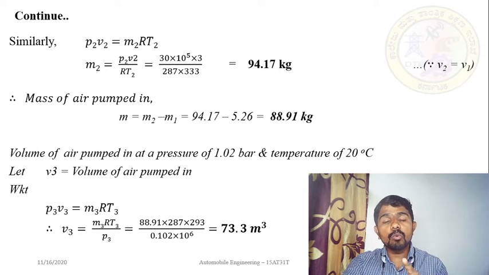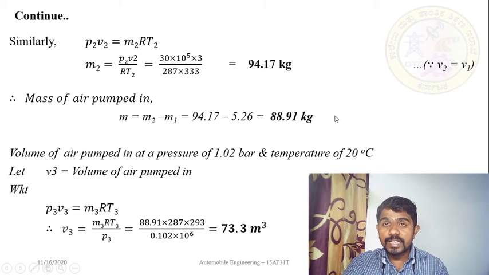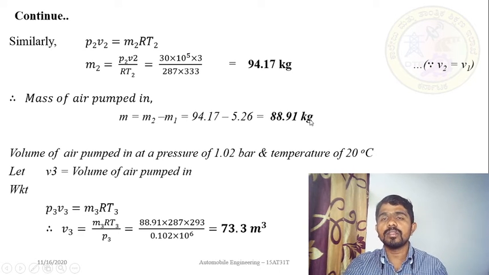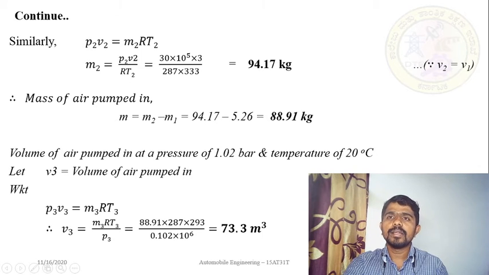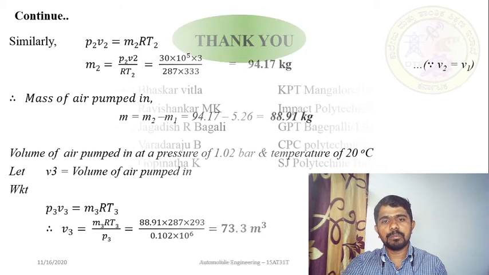You know the quantity of the air pumped in, that is what you have calculated. This amount of kg of air, you have to calculate in the form of volume. That is the aim of the problem. So that is why, to calculate this V3, we have considered the value of M as M3, as 88.91. Is that okay? Fine. So this is 73.3 meter cube.